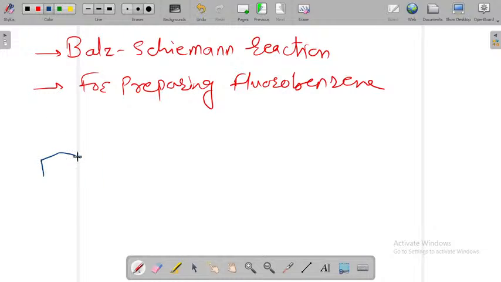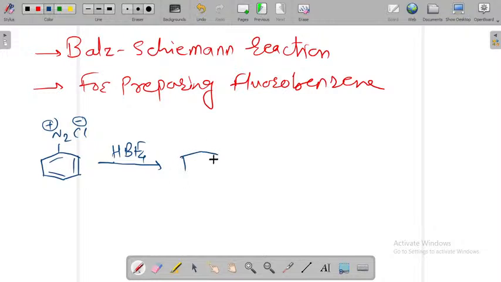So this is benzene diazonium chloride, which on reaction with HBF4, also called fluoroboric acid, produces this salt, where the chloride is replaced by BF4.